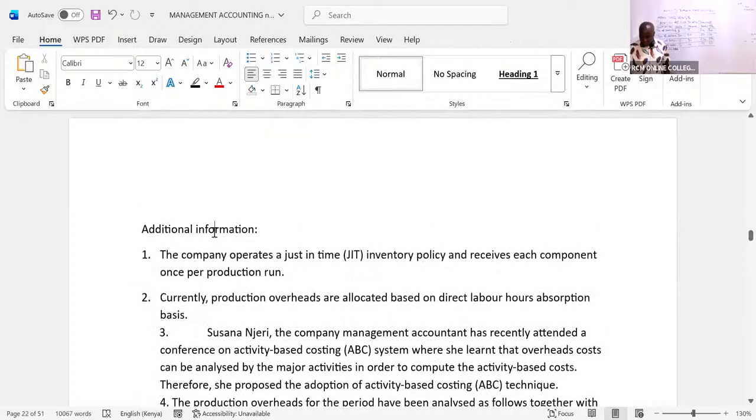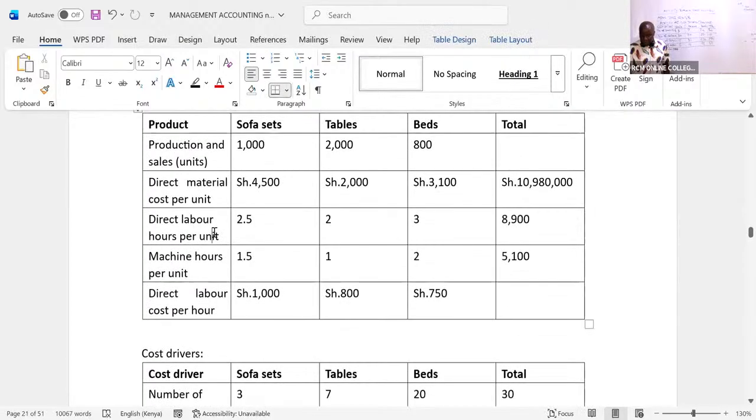So machine hours, ladies and gentlemen, if I say page up, I'll be able to go to some table which is giving me their machine hours per unit. Whenever you hear that word per unit, you have to be very, very careful on ABC, otherwise you'll get an entire zero. Because for ABC, we want the machine hours for all the units that were produced.